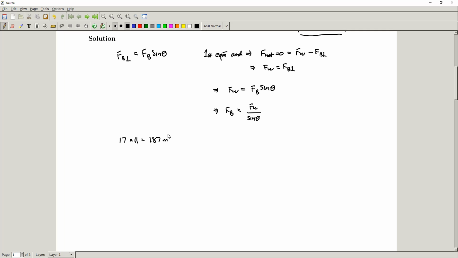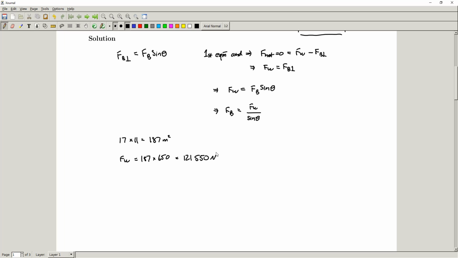And the total force caused by this wind on the wall is going to be equal to 187 times 650 newtons. I don't have a calculator, I have the number here. That's going to be 121,550 newtons.